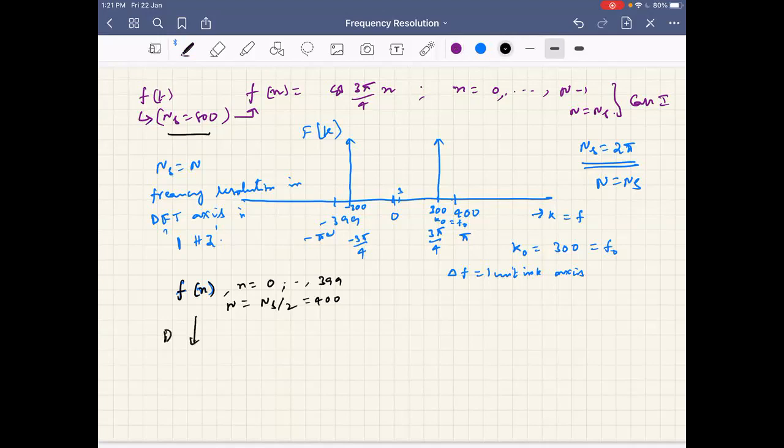I again find the DFT, and what I get is f of k. This f of k essentially has to represent the minus pi to pi range, irrespective of the number of samples I take. So k is now only ranging from minus 200 to 200.